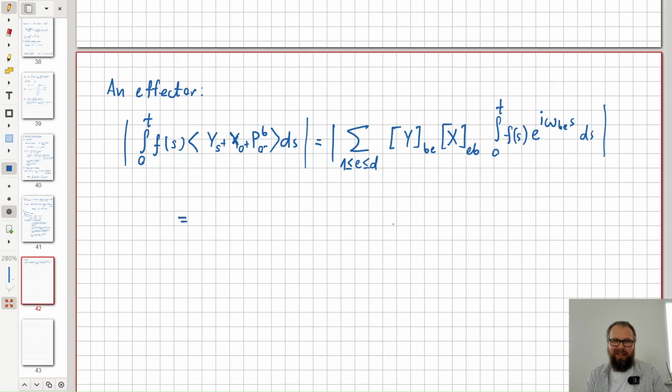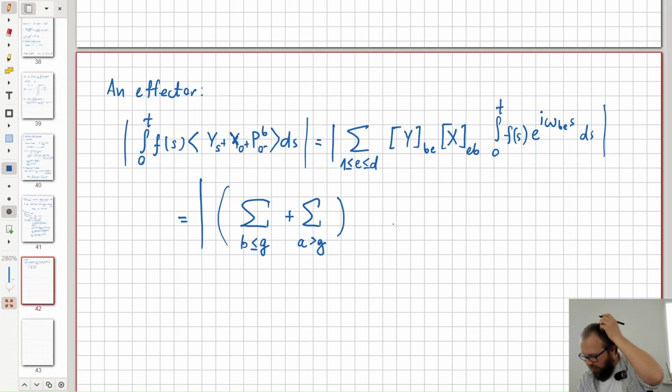Now let me split the sum onto A and B, with A greater than the gap. Let's split our one sum into two sums.